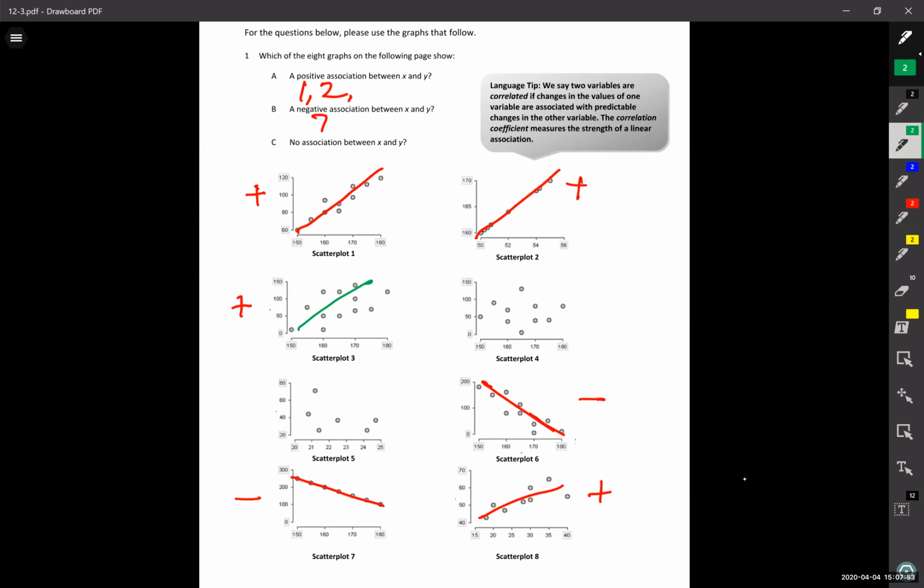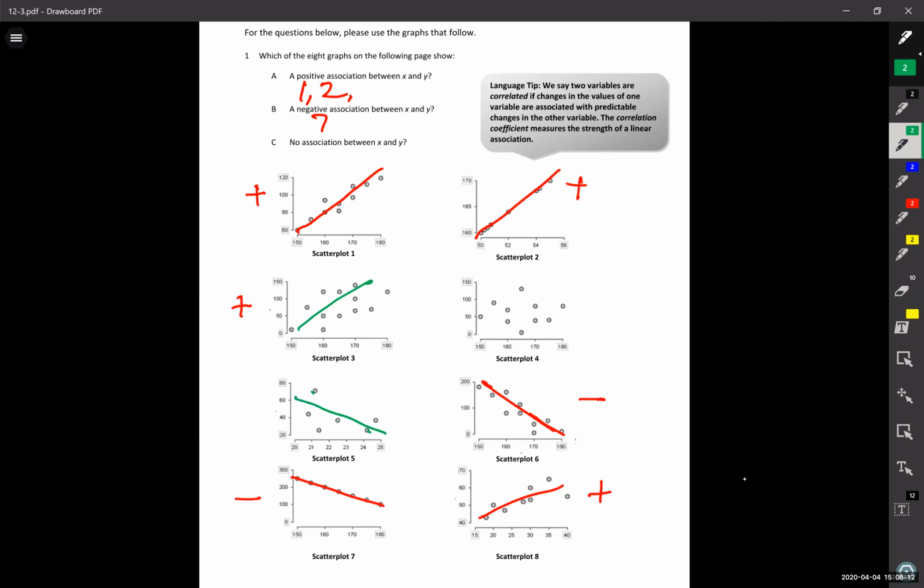And so to say which one has no association, that's like saying which one looks more like you just dumped pepper on your paper. And you know what, they kind of both do, but 5 seems to start high and end low. So it kind of has that negative line.